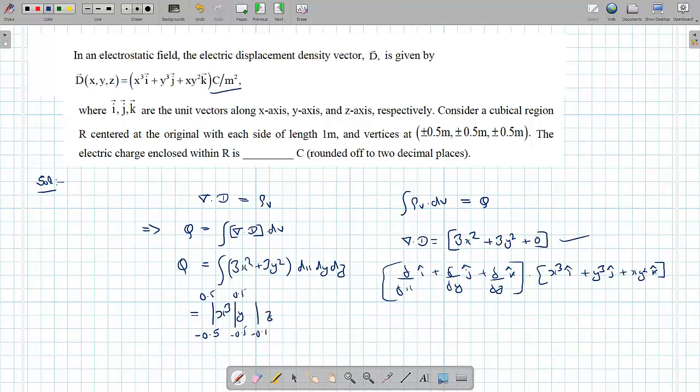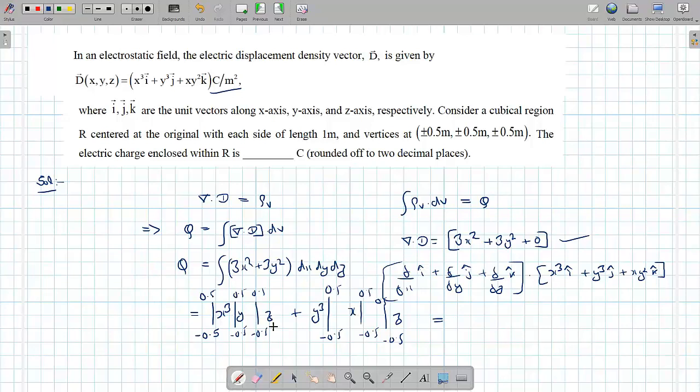Next, this will be y cube from minus 0.5 to 0.5, plus x from minus 0.5 to 0.5 and z from minus 0.5 to 0.5.